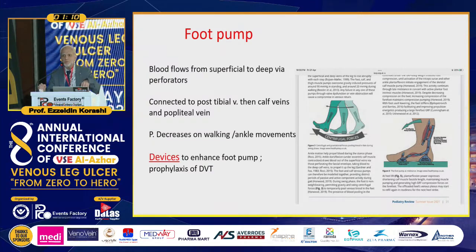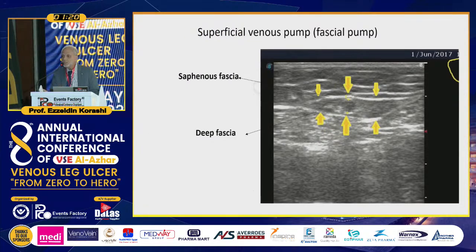These devices enhance the venous return and are used as anti-DVT agents. This last pump is where the vein is enclosed between the saphenous fascia and the deep fascia. The great saphenous vein, with movement, the saphenous fascia and the deep fascia come together, as you see the arrows, and they exert a pumping effect with movement, and this has been described in 2017 by a Russian worker.